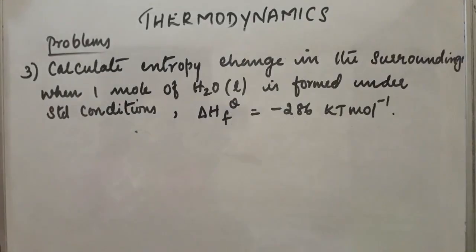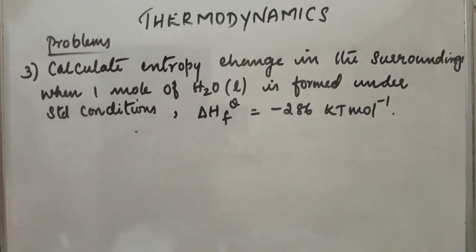Next problem. Calculate entropy change in the surroundings when 1 mole of H2O liquid, that is water, is formed under standard conditions. Delta H of formation standard is given, minus 286 kilojoule mole inverse.